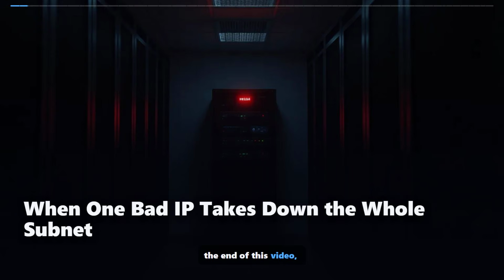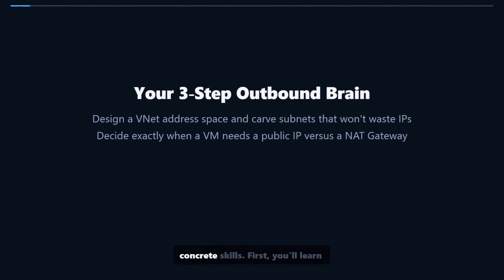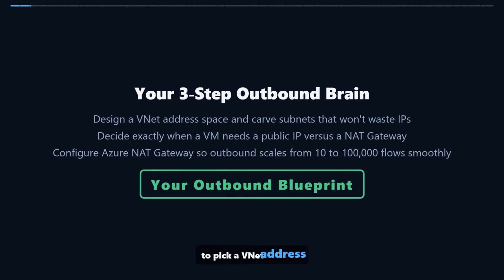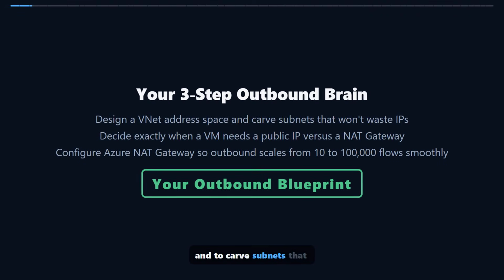By the end of this video, you'll replace that fragile default with a static, scalable alternative that keeps your business off the blacklist. In this video, you're going to walk away with 3 concrete skills. First, you'll learn to pick a VNet address space that avoids overlap nightmares and to carve subnets that leave room for growth.